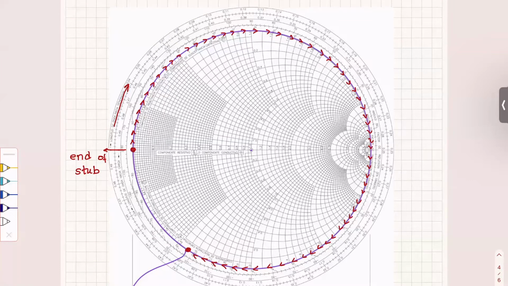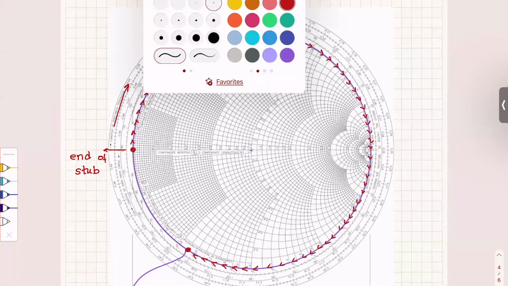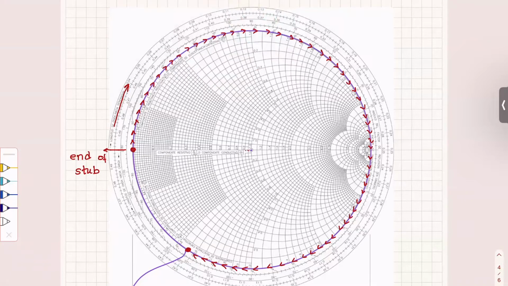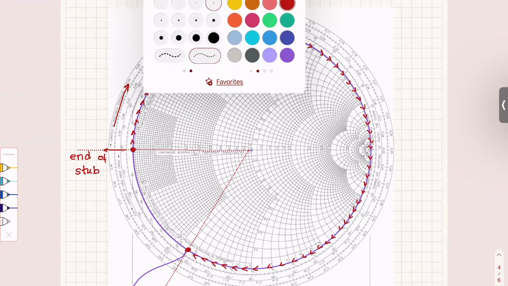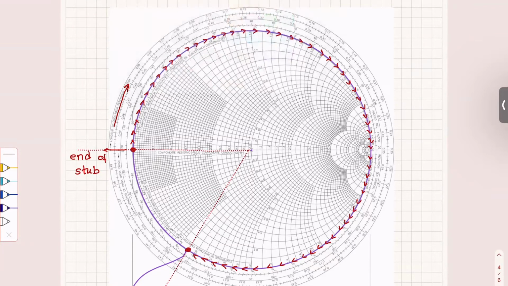And now I need to find out what length this stub should have. To find the length of the stub, I will have to draw this line here and this line here, and then see how far I went as I moved around like this.